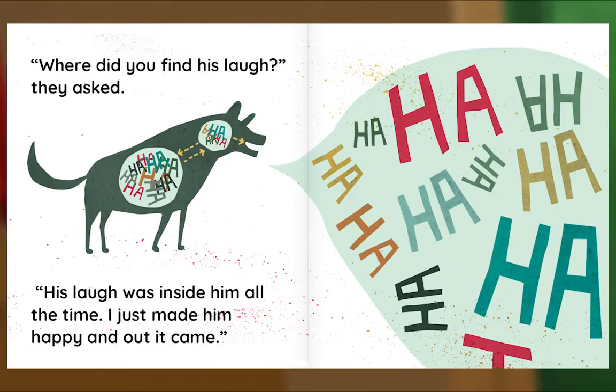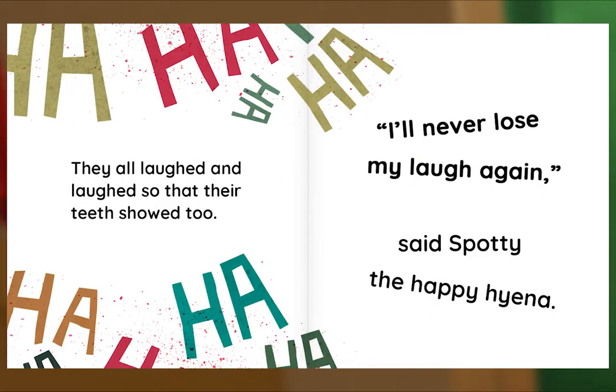Where did you find his laugh? They asked. His laugh was inside him all the time. I just made him happy, and out it came. They all laughed and laughed so that their teeth showed too. I'll never lose my laugh again, said Spotty, the happy hyena.